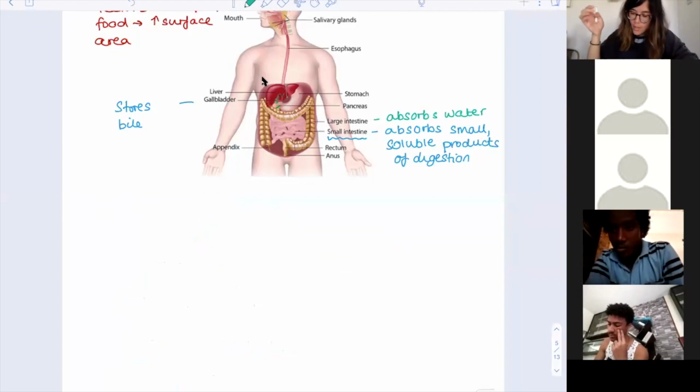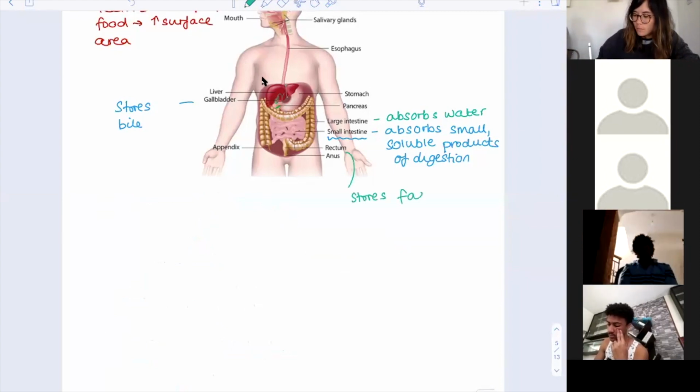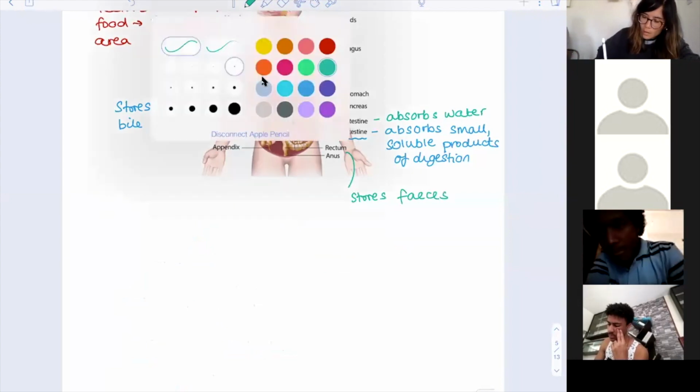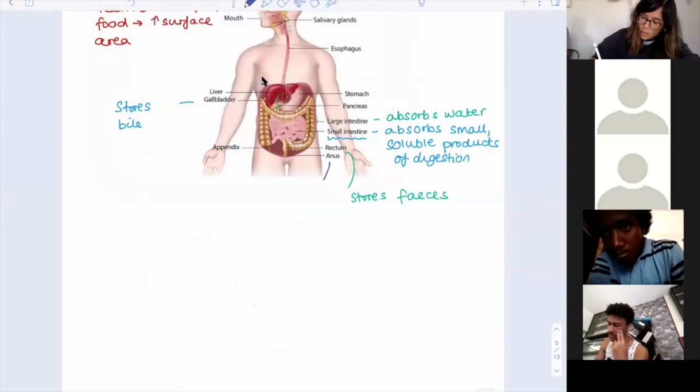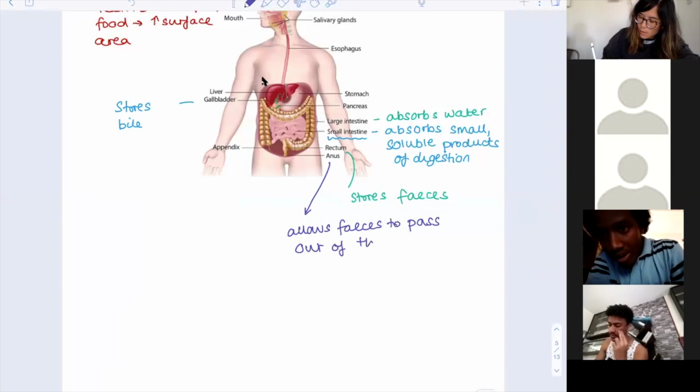Feces is the scientific word for poo. The rectum stores feces. And then the anus is just a ring of muscle known as the sphincter, which allows feces to pass out of the body. And if you're feeling fancy, you can call that digestion.